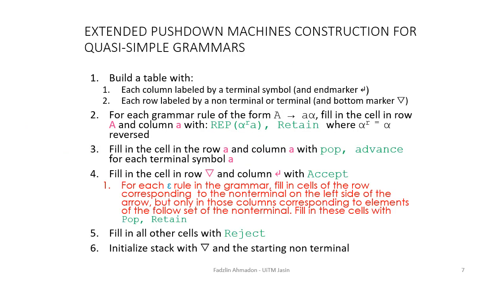The steps to construct an extended pushdown machine for a quasi-simple grammar are actually similar to those for a simple grammar. The difference is only at step 4. And this is where we address nullable rules, which are rules derived to epsilon. For example, A can be derived to epsilon.